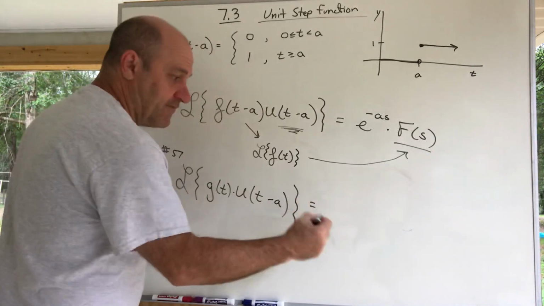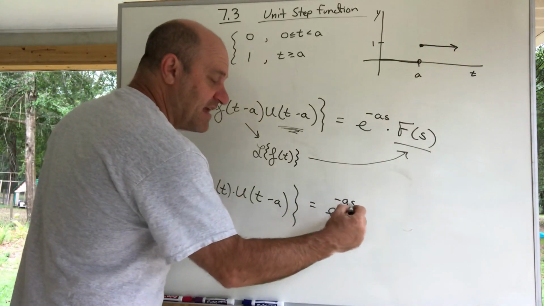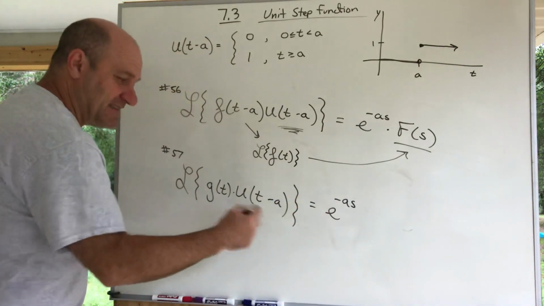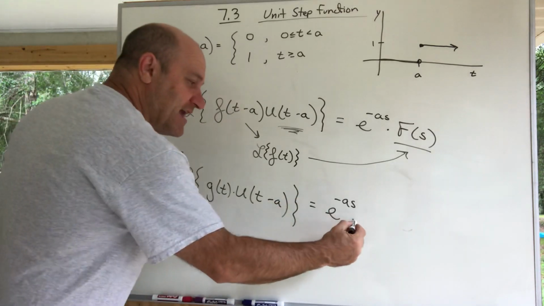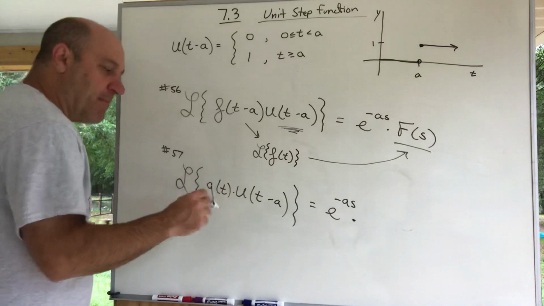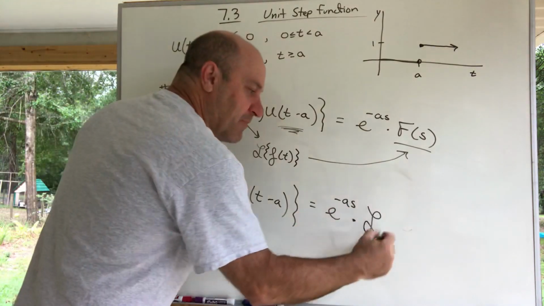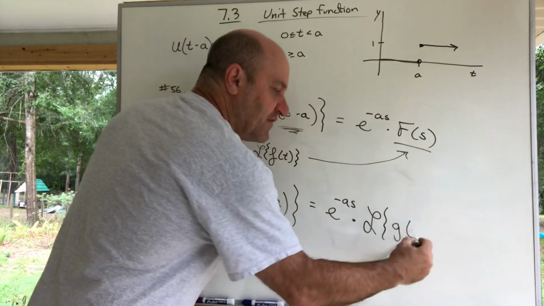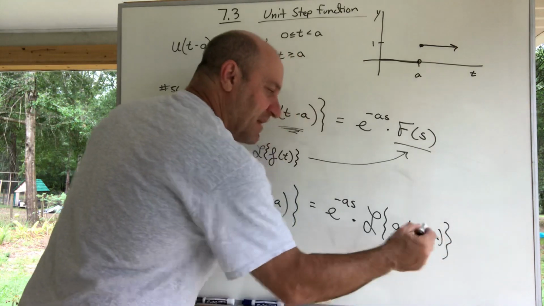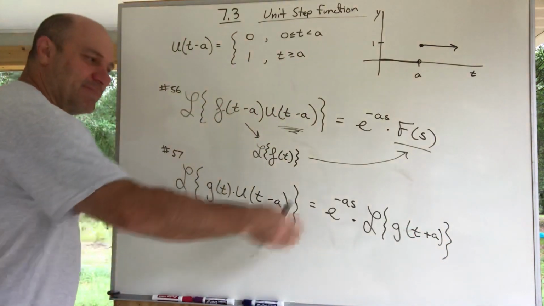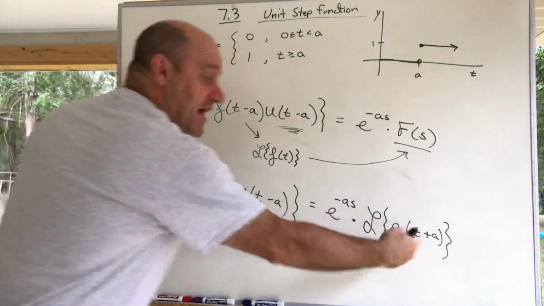And you get this e to the negative as. That just sort of tells you that comes from this unit step function aspect. And then it says, do the Laplace of g, but not the Laplace of g as is, the Laplace of g as if it was shifted over to t plus a. So now you end up doing the Laplace of this thing.